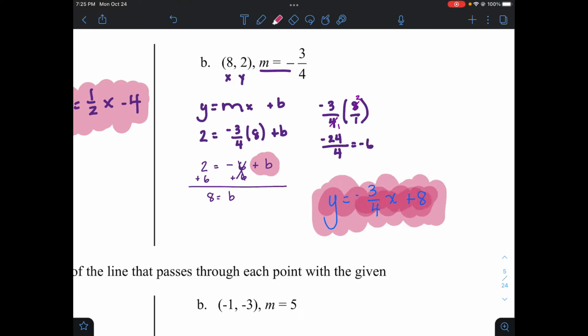All right, so pause the video, take a second, and try the 2 your turns here.